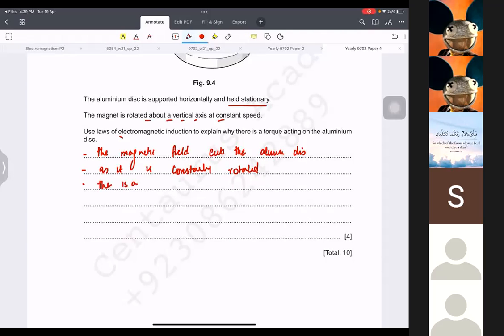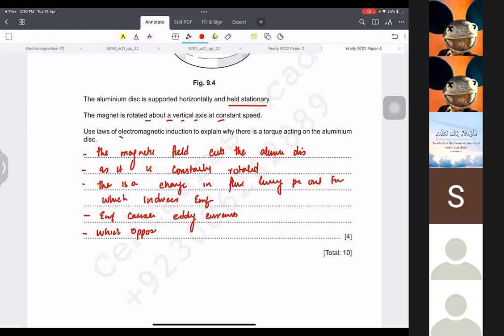So there is a change in flux linkage per unit time, which induces EMF. And finally, EMF causes eddy currents, which oppose the change.